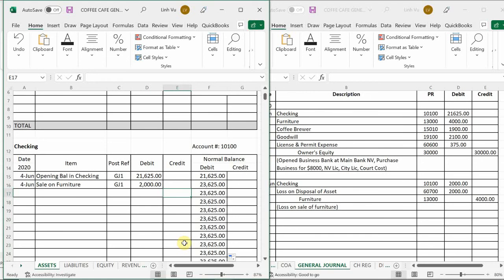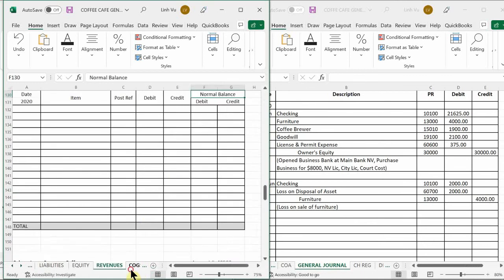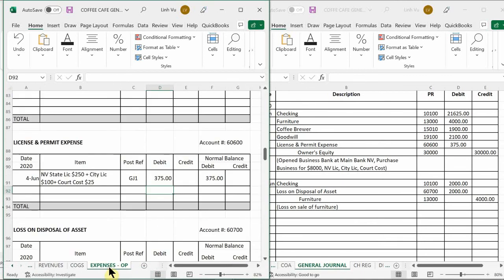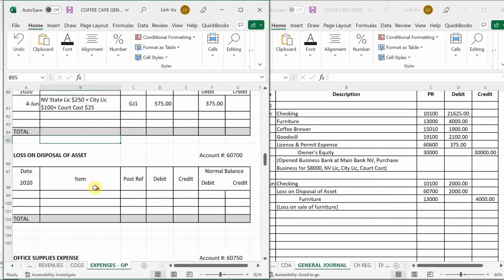Next I have here is loss on disposal of assets. So once again, another operating expense. Right here, right under license and permit expense is loss on disposal of asset.